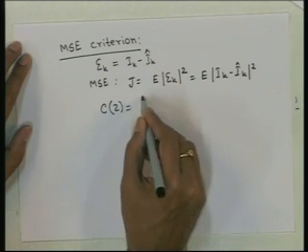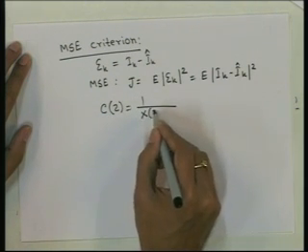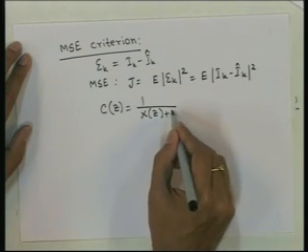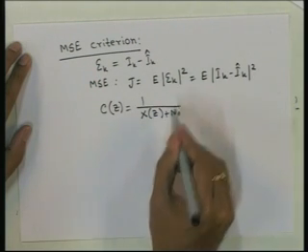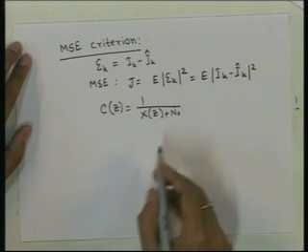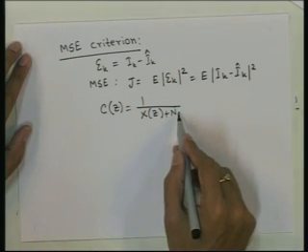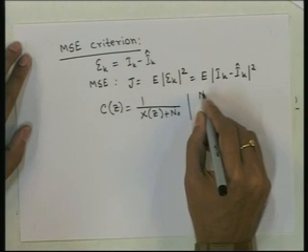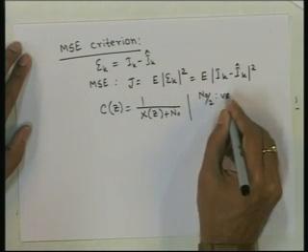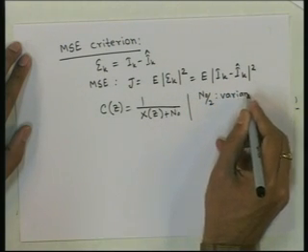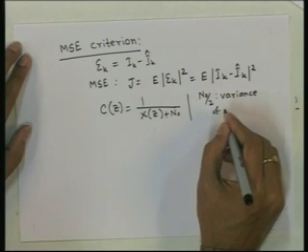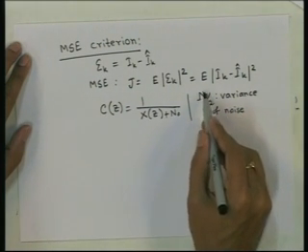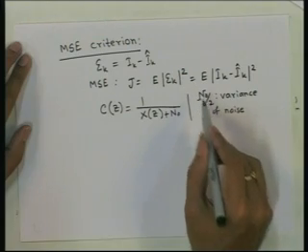It is given by 1 by X(z) plus N naught, where N naught by 2 is the variance of the noise, the discrete time noise, or equivalently N naught by 2 is the power spectral density.